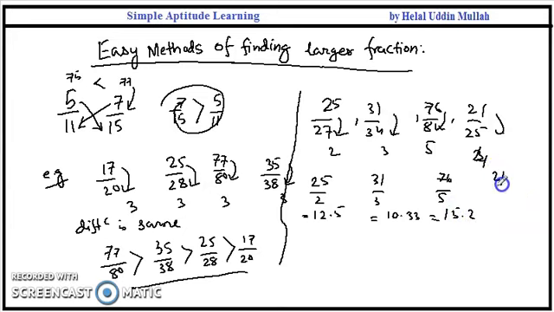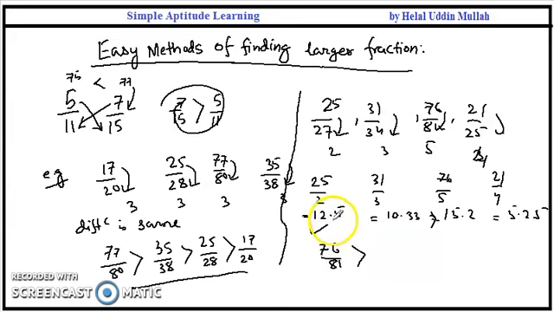Next, 21 by 4 will be 5.25. So here the values of these divisions are in this order. If we arrange them, 15.2 is the highest value here. So we have to take this fraction first. 76 by 81 will be the largest.